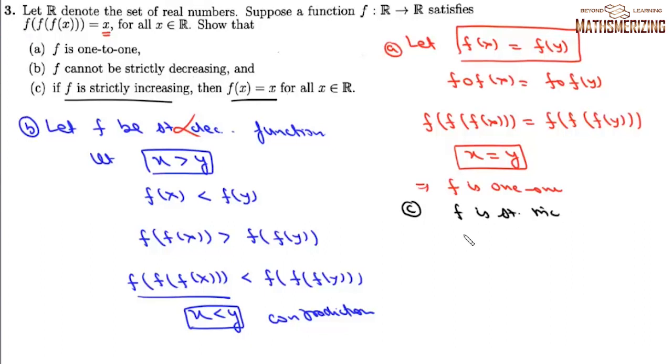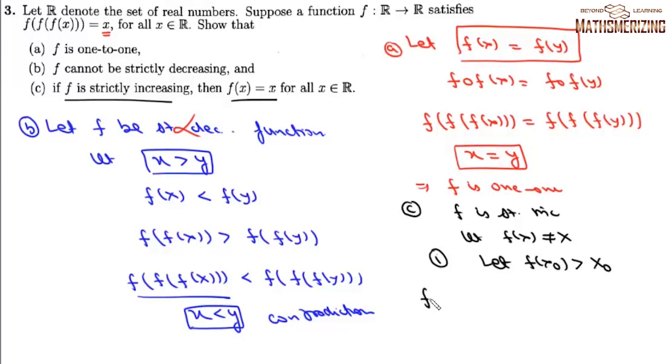Now what we'll do is we'll let f(x) be unequal to x. That means f(x) is either greater than x or less than x. So we consider the first case when f(x0) is greater than x0.